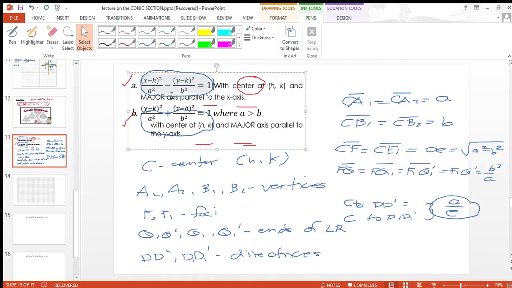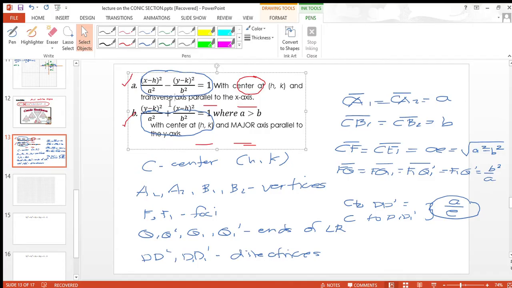Okay, so in the standard form, still the center will be at (h, k), but this time we will no longer call this the major axis, but rather the transverse axis parallel to OX. So for the ellipse, you have your major axis and your minor axis. For your hyperbola, you have your transverse axis and your conjugate axis.